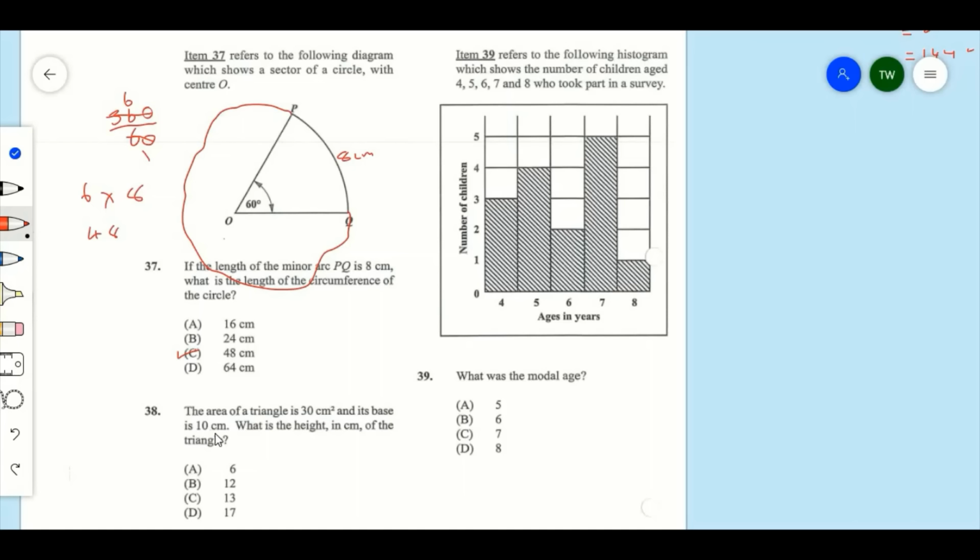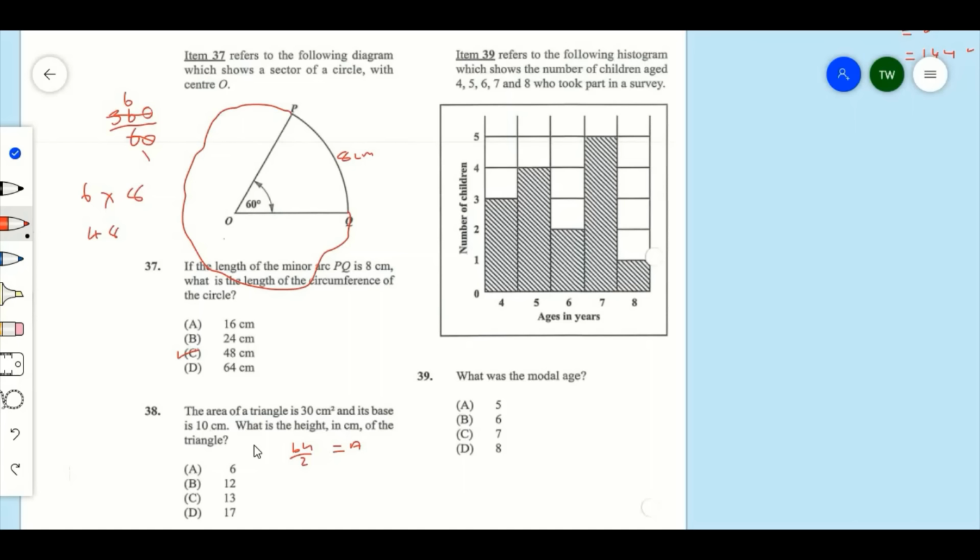Item 38. The area of a triangle is 30 square centimeters and its base is 10. What is the height in centimeters of the triangle? So we know that the formula that we use to calculate the area of a triangle is base times the height over 2, which is equal to the area.